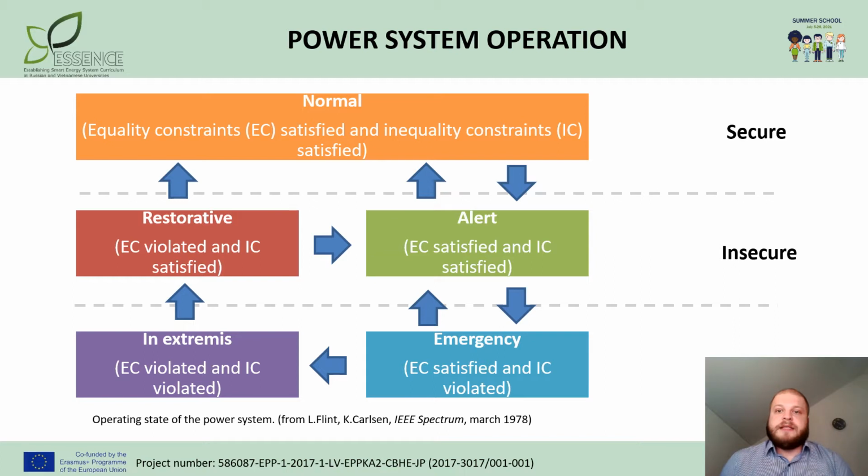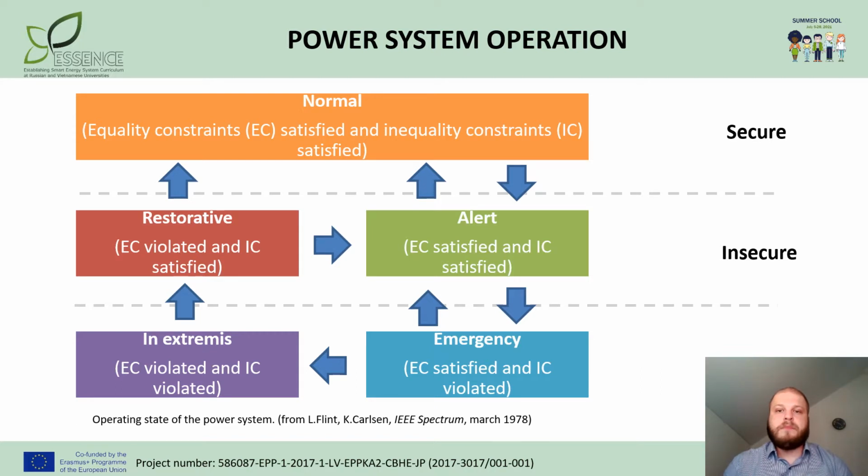In this state, all constraints are still satisfied, but existing reserve margins are such that some disturbance could result in a violation of some constraints. For example, equipment would be overloaded more or less severely above its rated capabilities. In the insecure alert state, preventive actions can be taken to restore the system to the normal state.